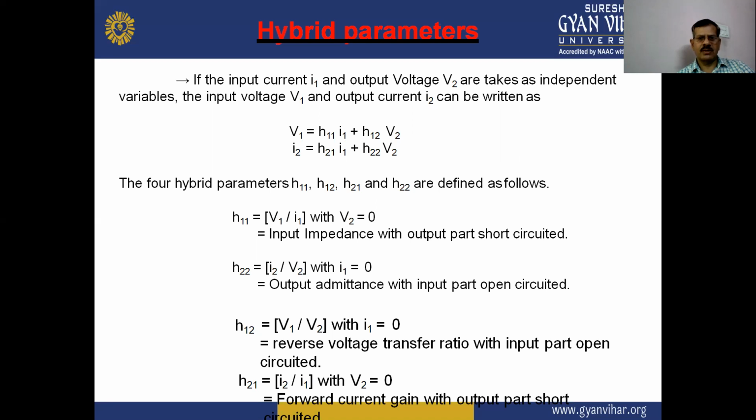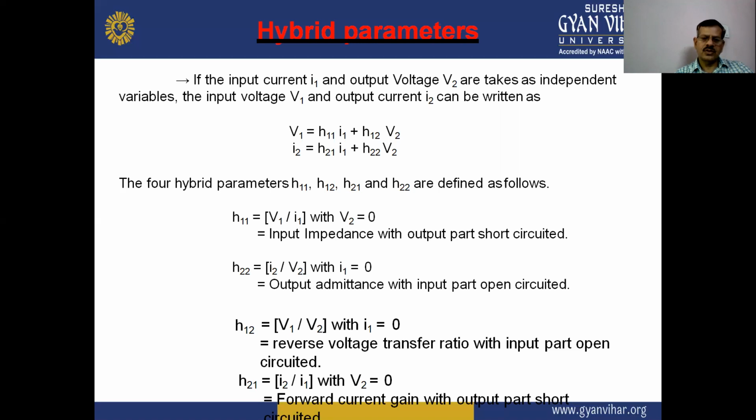H11 equal to V1 upon I1 when V2 equal to 0, or input impedance with output port short circuit. So this is the H11. Next, H22 equal to I2 upon V2 with I1 equal to 0, or H22 means output admittance with input port open circuit. Next, H12 equal to V1 upon V2 with I1 equal to 0, and also H12 equal to reverse voltage transfer ratio with input port open circuit.